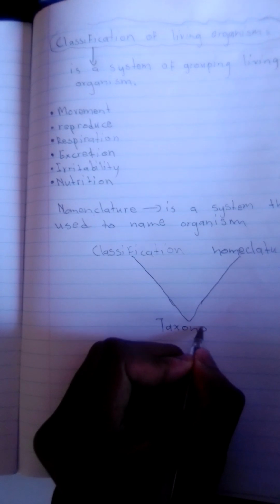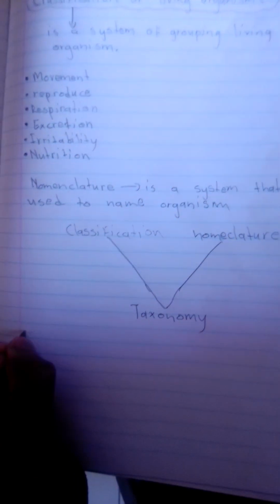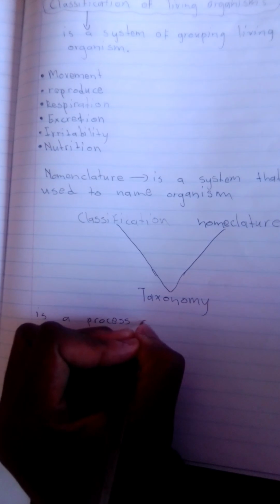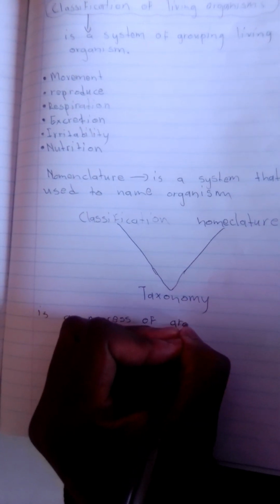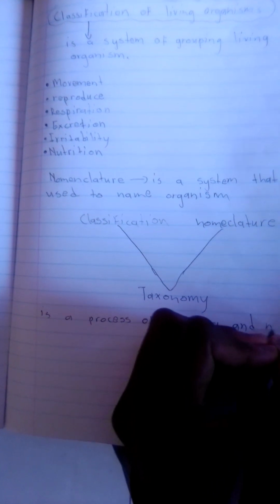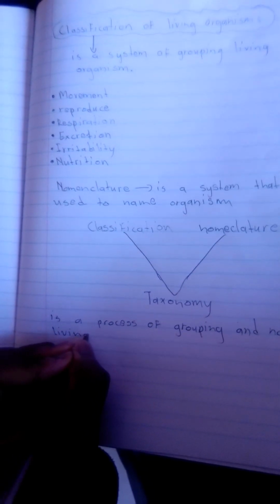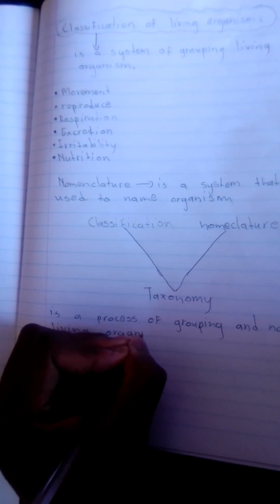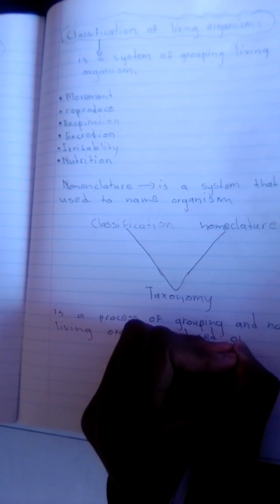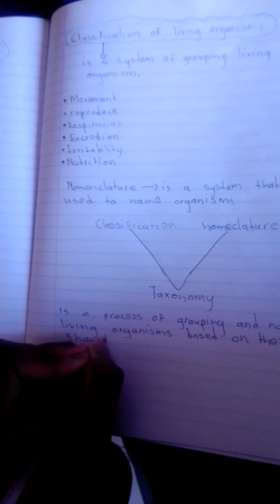If a person may ask you, what is taxonomy? So in simple terms, taxonomy is a process of grouping and naming living organisms based on their shared characteristics.